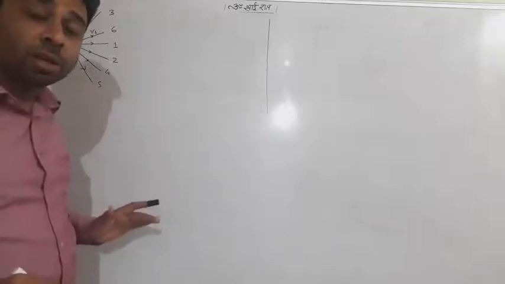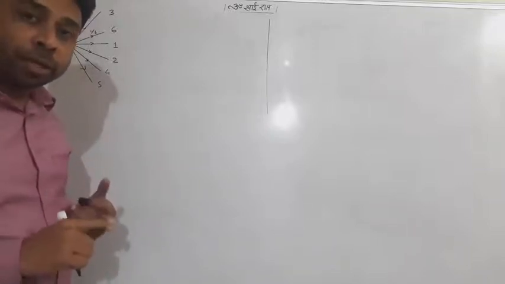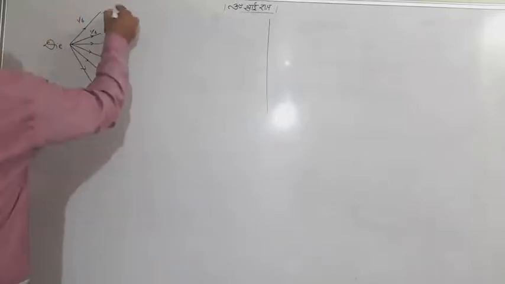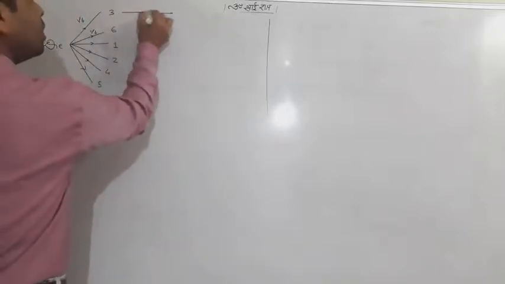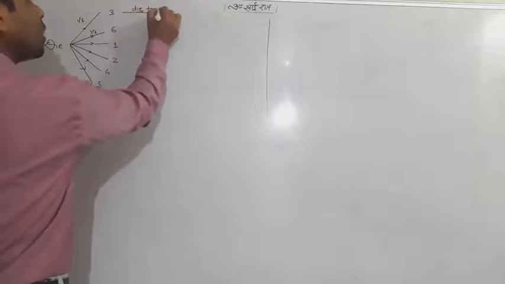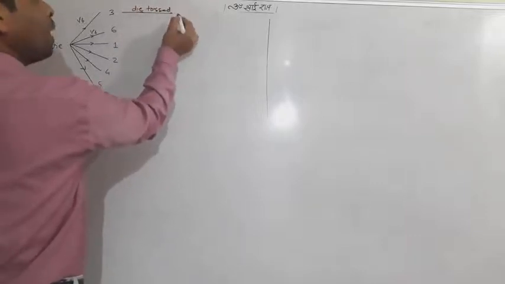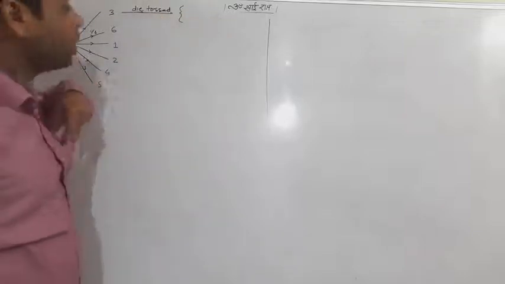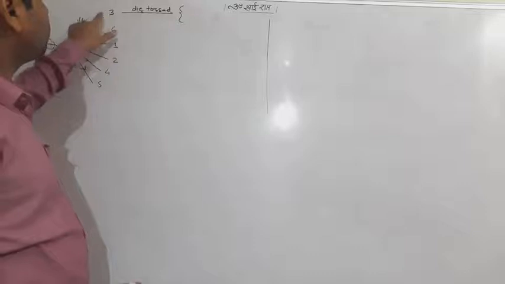But the question says that when a multiple of 3 comes, meaning 3 or 6, the die is tossed again. In this case, when the die is tossed, 1, 2, 3, 4, 5, 6 will come. So what pairs will come here?